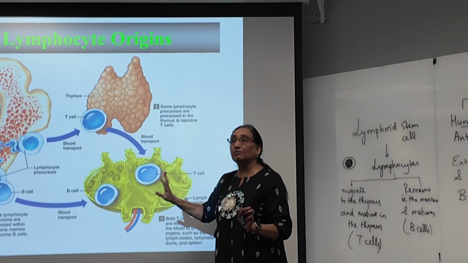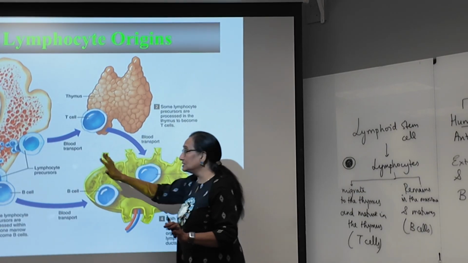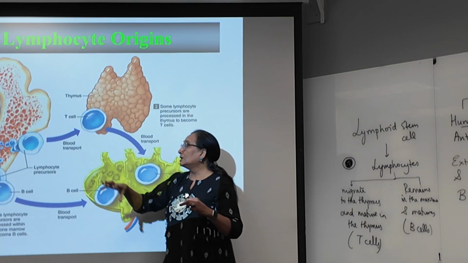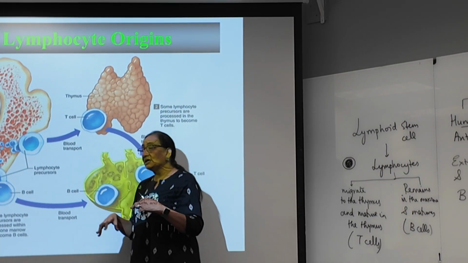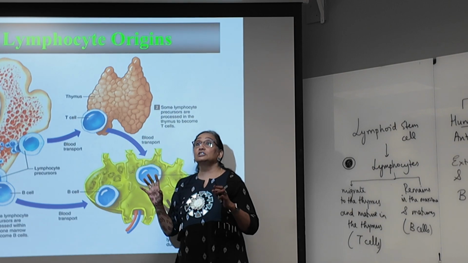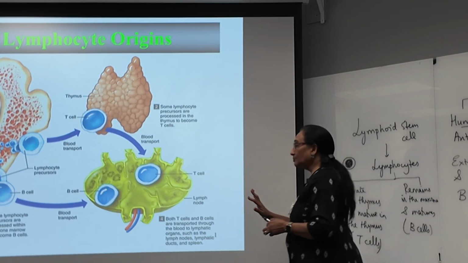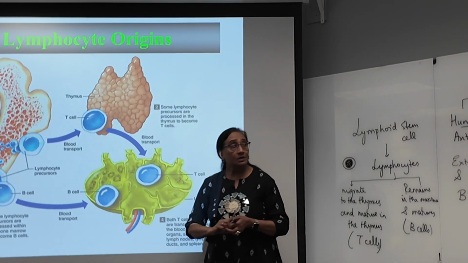So they are constantly monitoring. Your bone marrow is constantly making these cells. They mature in the thymus and then go and lodge themselves in all the organs of your immune system to keep a watch.